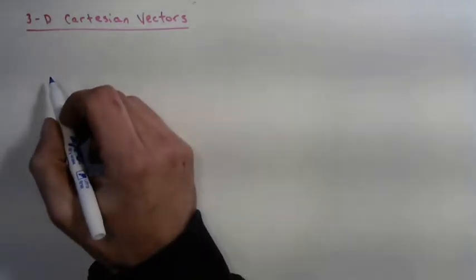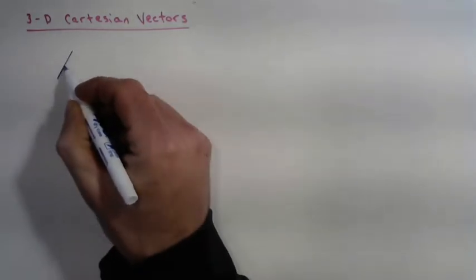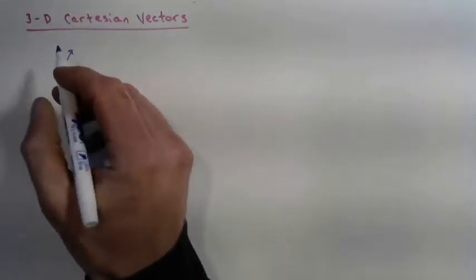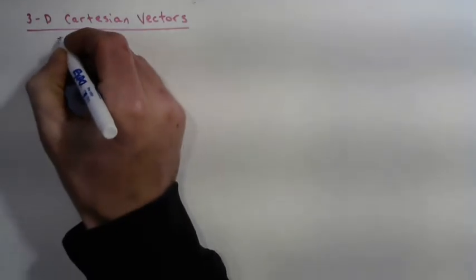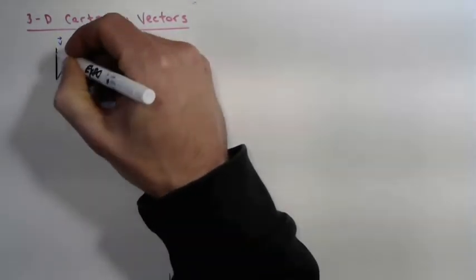Well, just like when we were working in 2-dimensional space, we could take any vector and represent it as a Cartesian vector by simply taking its tail and translating its tail to the origin. And we can really do essentially the same thing in 3-dimensional space. So if I take any vector, let's call this vector v, and I take its tail and translate it to the origin of our 3-dimensional space.